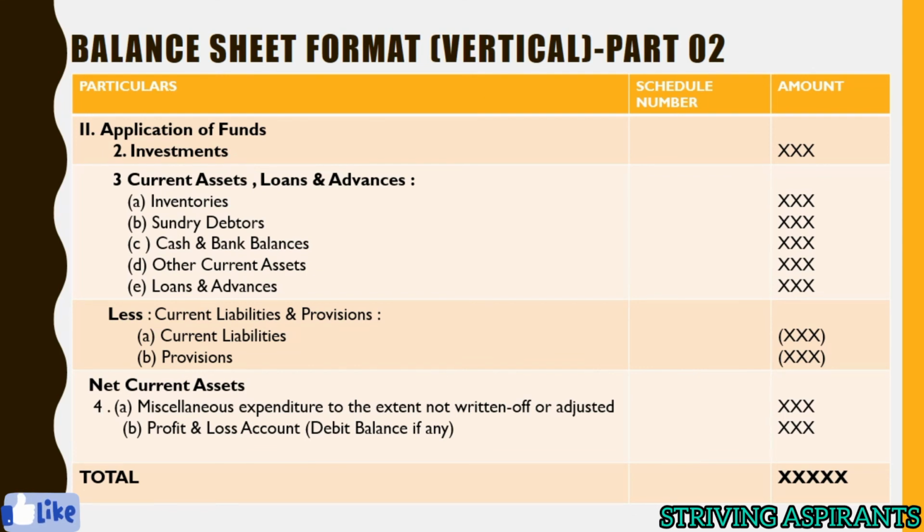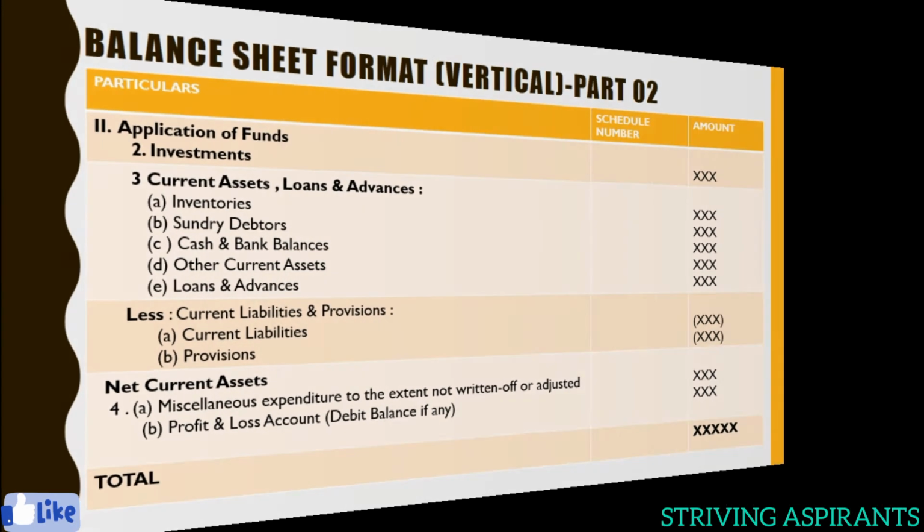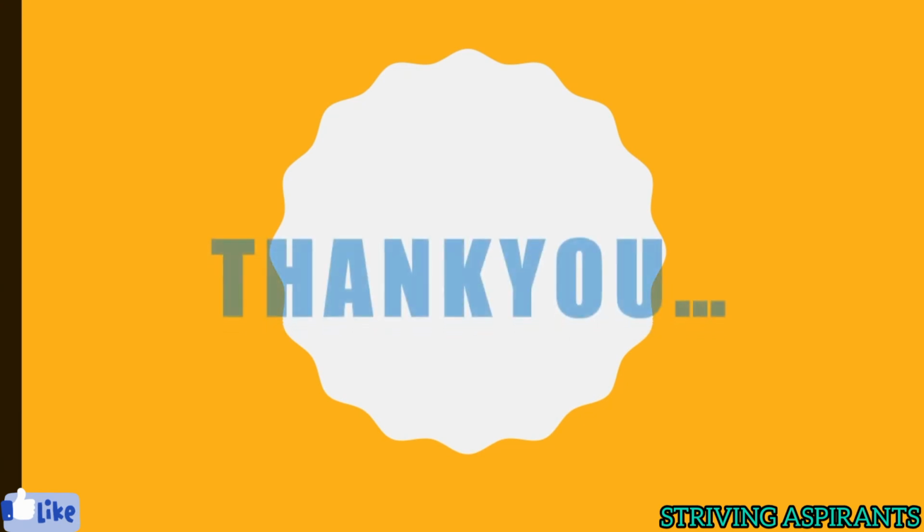And finally, if there is any debit balance, profit and loss account, that amount also need to take into consideration here under the application of funds head. So that is the complete vertical format of balance sheet here.